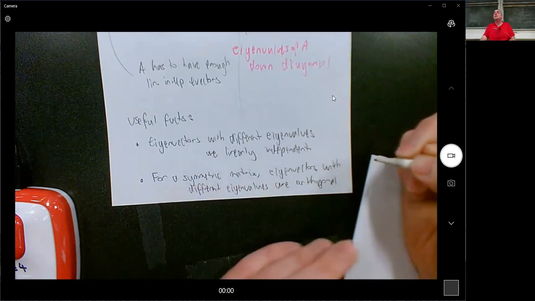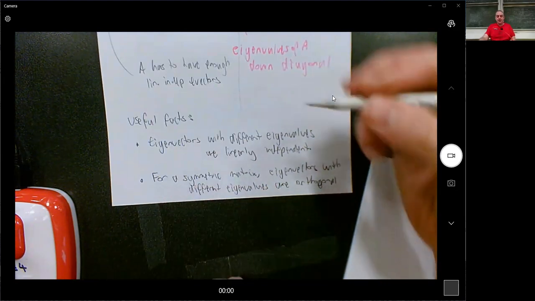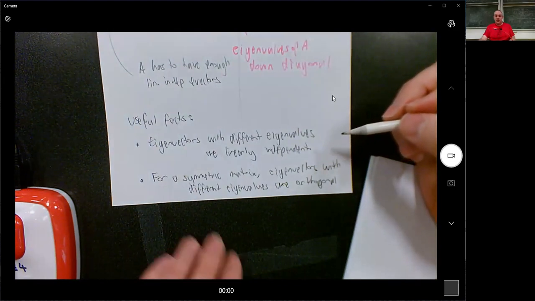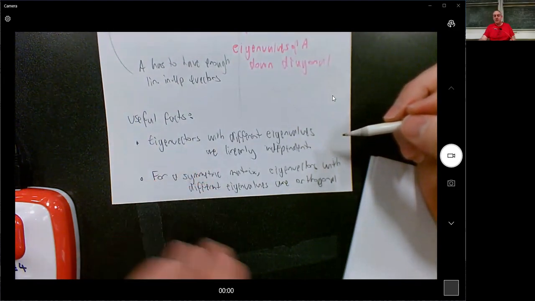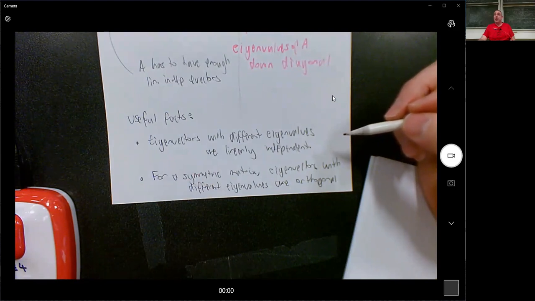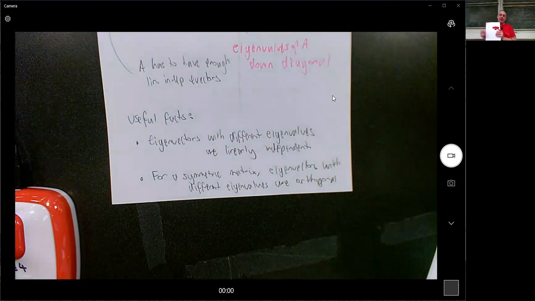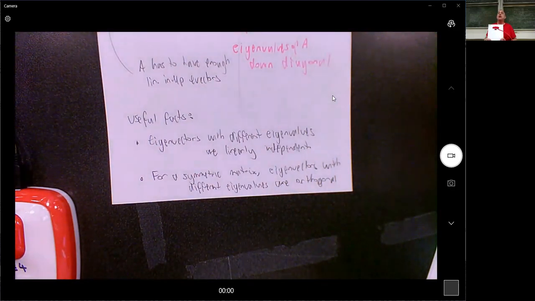Also independent, but eigenvectors with different eigenvalues are linearly independent for any matrix whatsoever. But if you've got a symmetric matrix, eigenvectors with different eigenvalues are independent, but also orthogonal as well. What that means is you only have to think about each eigenspace separately in this process, either way.